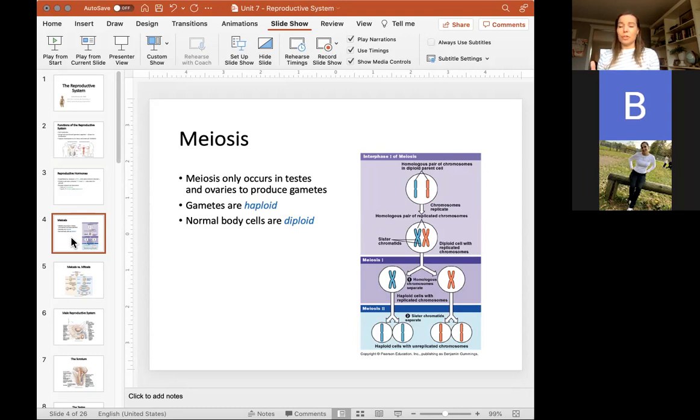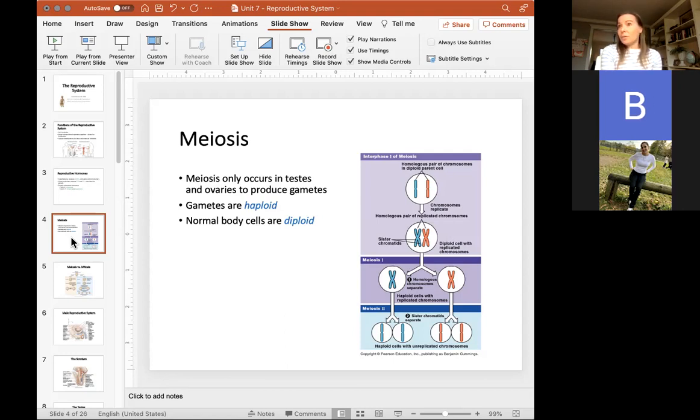So we'll go over the terms diploid and haploid right now. It refers to the number of chromosomes that are in the cells. If you look at the study outline, the first term is diploid, and that means having the normal number of chromosomes.